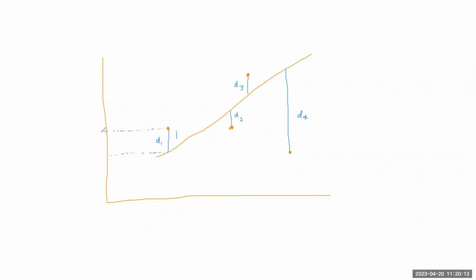Let's say this is 4 on the scale, and this is 3. 4 minus 3 is 1, so there's 1 unit. Let's pretend this is 1 unit as well, and this one here, let's guess, is 7 units. What we do is take each of these distances and square them.